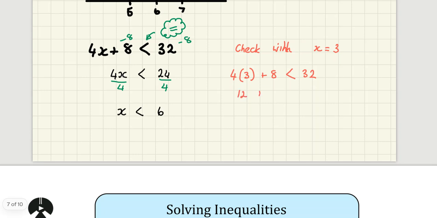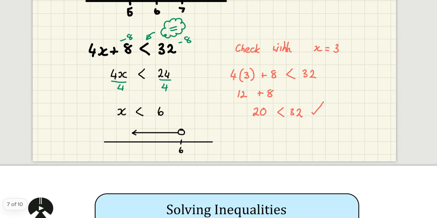So 12 plus 8 is 20. 20 is less than 32. Looks like I'm correct. So I'm just going to finish this off with my number line. x is less than 6, so I'm going to put a 6. I'm going to put an open dot, and my arrow is going to go in the less than direction. And there's my answer on a number line.